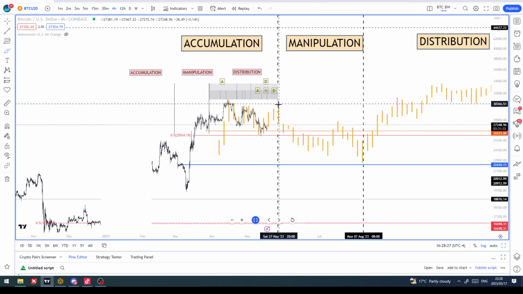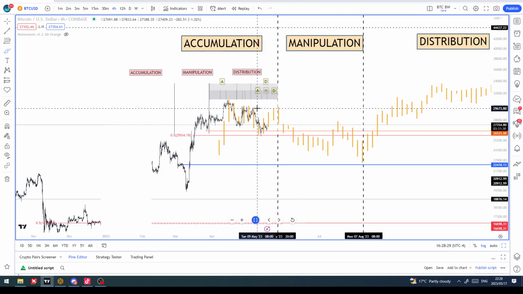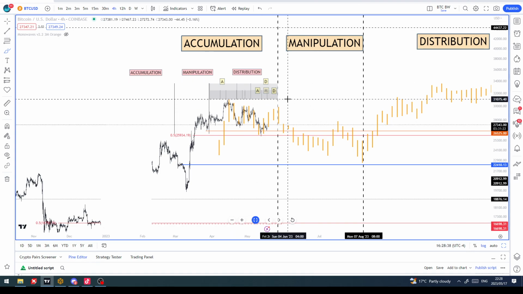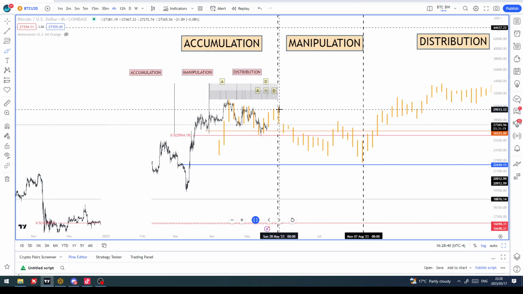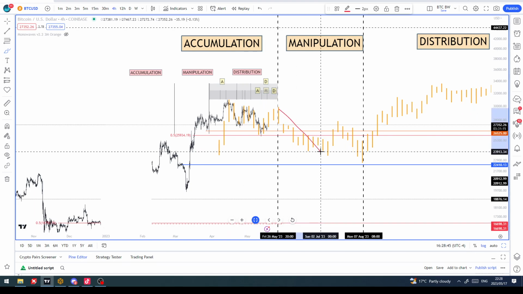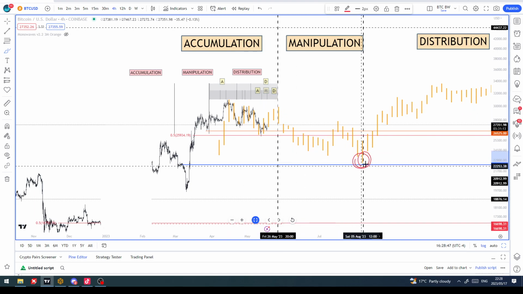This says around 30K, may not be higher than that. Once we enter into the manipulation phase from Friday the 26th of May, if we get up to 30K, this is why I'm looking to short down to at least 22,410, another one of those blue levels that I'm looking at.